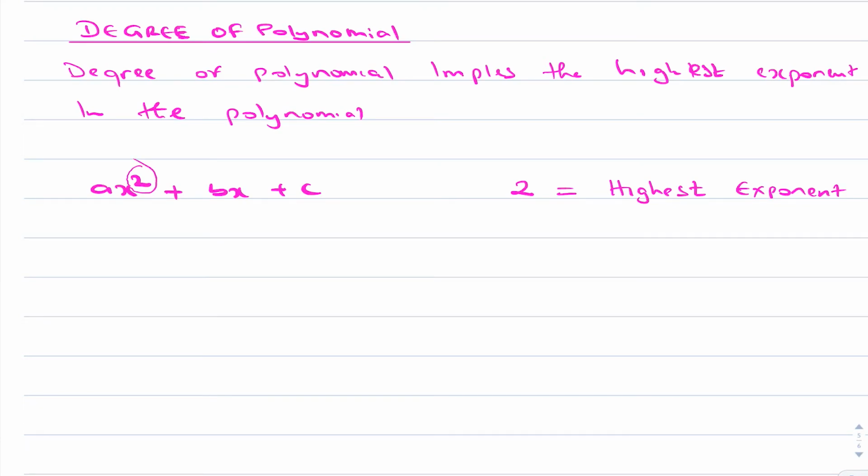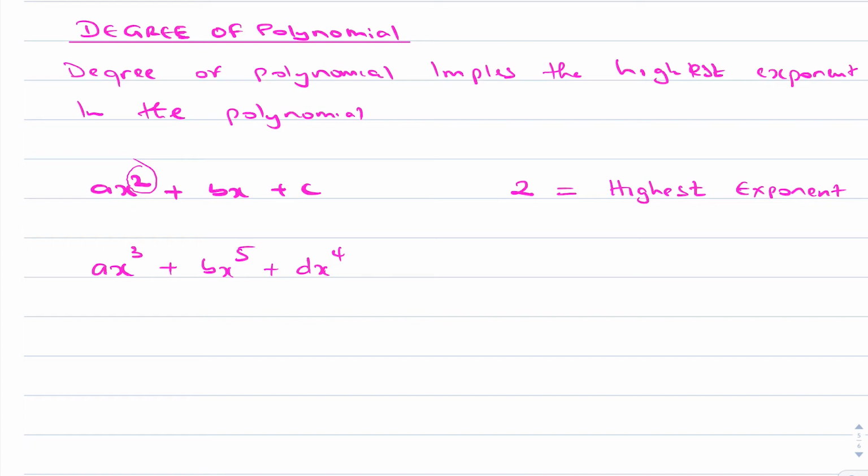Let's try another example. ax cubed plus bx to the power of 5 plus dx to the power 4. What is the degree of polynomial? Pause, think about it, and then write down the degree of polynomial.